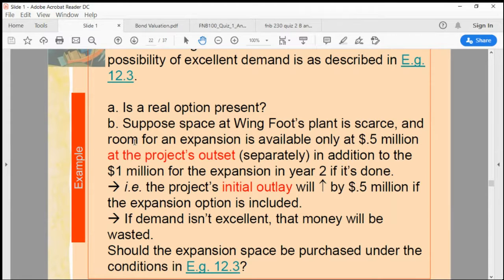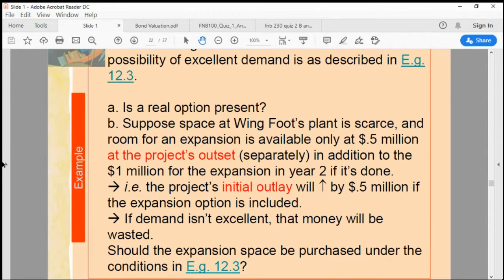So it may be completed only after that excellent demand. In other words, while there's an excellent demand and you don't have the capacity to increase the output to meet that demand, then that demand will be picked up by your competitors. It will be picked up by somebody else. So you cannot start the construction in year two.